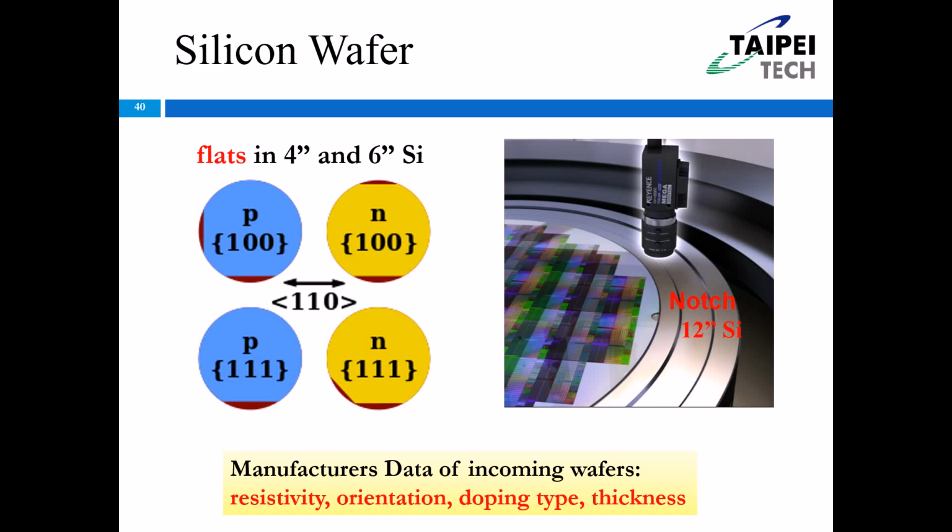We remove this red area in order to represent the different type of silicon wafer and the different orientation of the silicon wafer. Okay. So for example, if we have 2 flats, here is 1 flat, and another flat is here. It means this silicon wafer is N-type with 100 plane, okay?